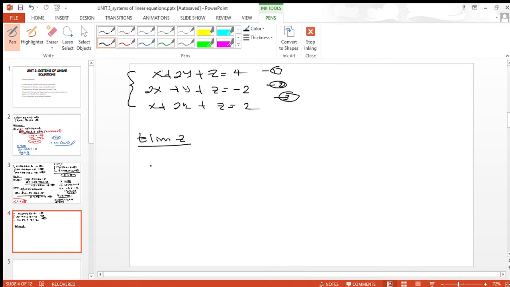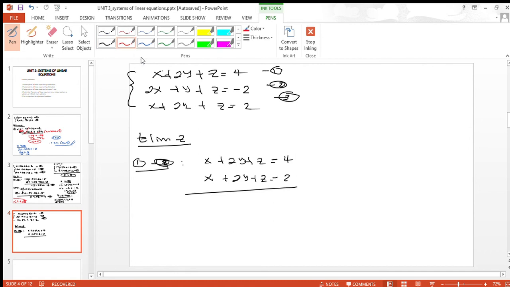So if we will eliminate z, we can have equation 1 minus equation 3. So we have x plus 2y plus z equals 4, and then we have x plus 2y plus z equals 2.